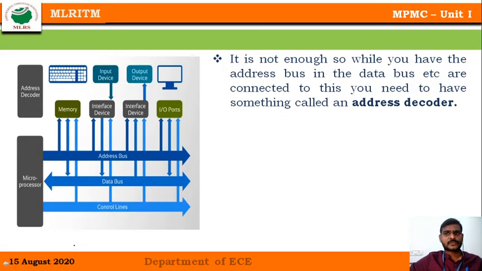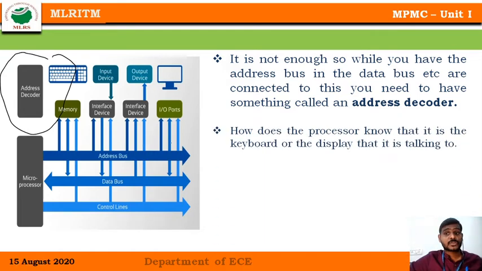So it is not enough to just connect the address bus and data bus. You need to have something called an address decoder. Here I am showing an address decoder. To interact with the outside world, memory units are not sufficient, and it requires an address decoder also.